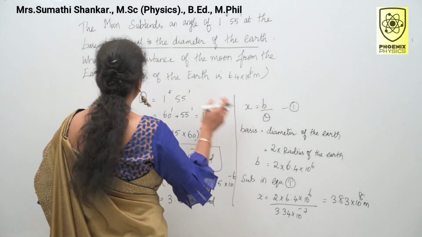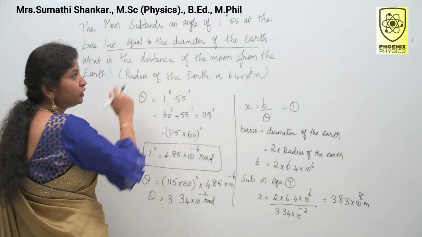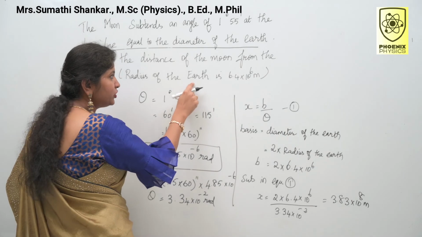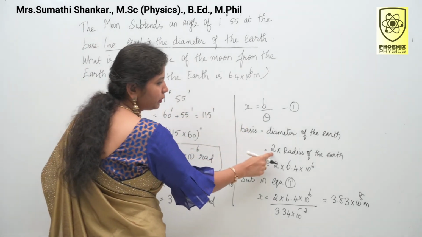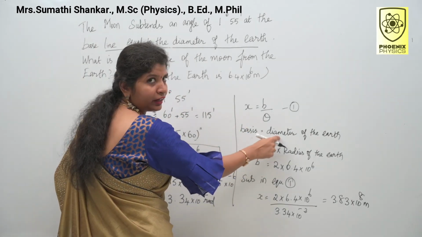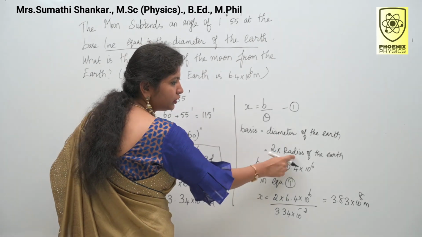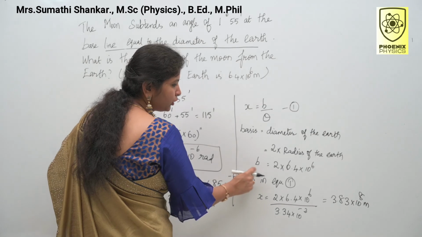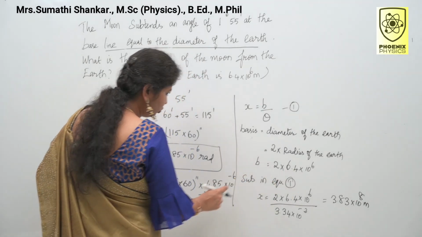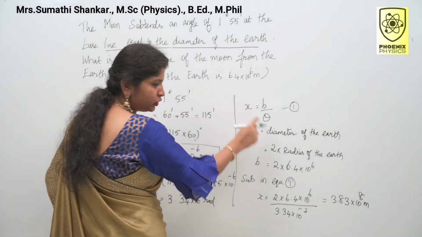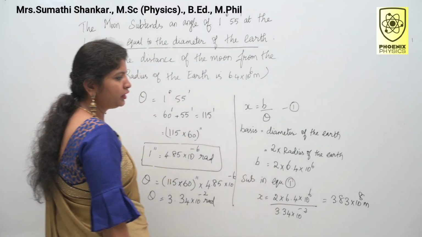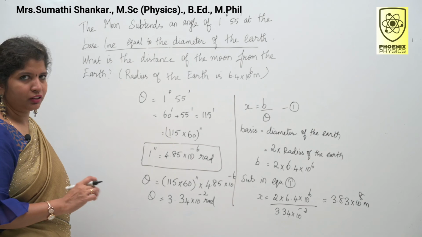In the problem they have given baseline is equal to the diameter of the earth, but radius of the earth is given. Just multiplied with 2, you can get the diameter of the earth. 2 into radius of the earth is our diameter of the earth. So you can calculate the b value, substitute b and theta in x, you can get the x value, that is 3.83 into 10 to the power of 8 meter. Up to this clear?